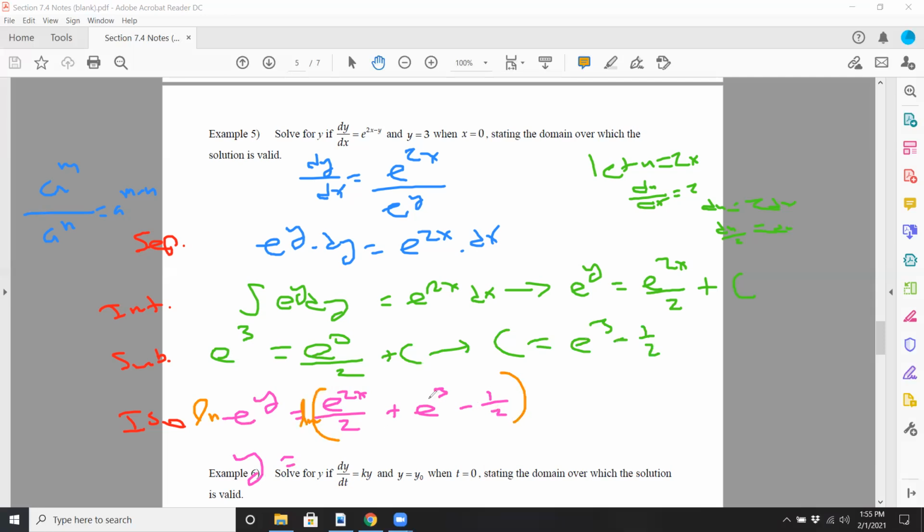You have the liberty of doing that. Or you could think of it as, well, e to the y equals all this junk, so y is going to be log base e of all that junk, because all that junk equals e to the y. So you could rewrite it as a log equation as well. So y will equal natural log of all that junk.